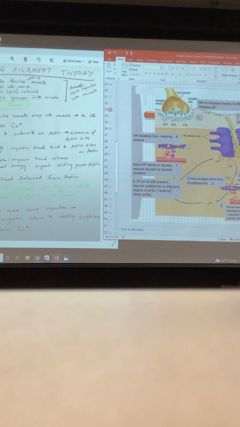Cross bridging is when the myosin heads perk up and bind to the active sites on actin. Step number 5, cross bridging. The myosin heads bind to the active sites on actin.